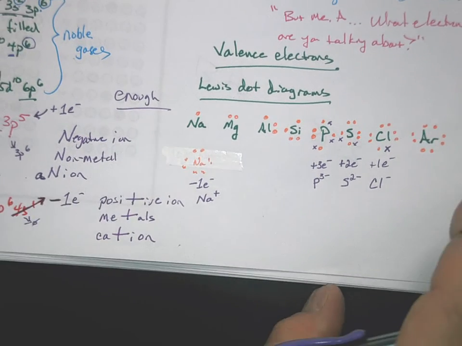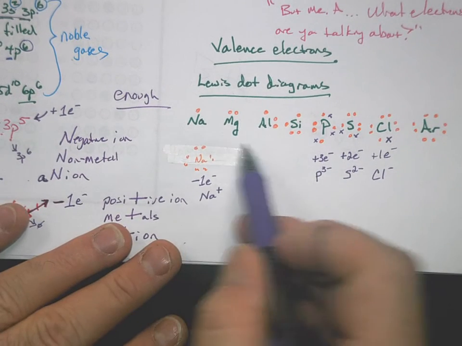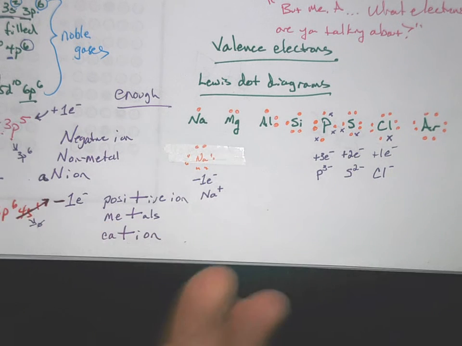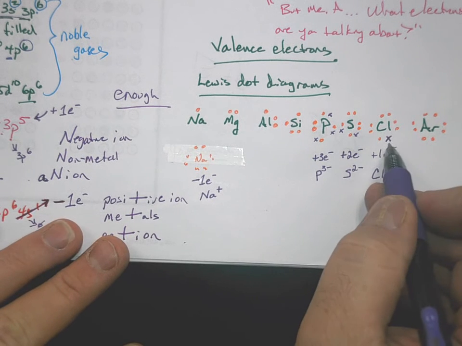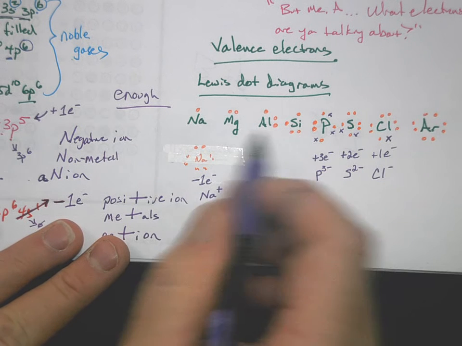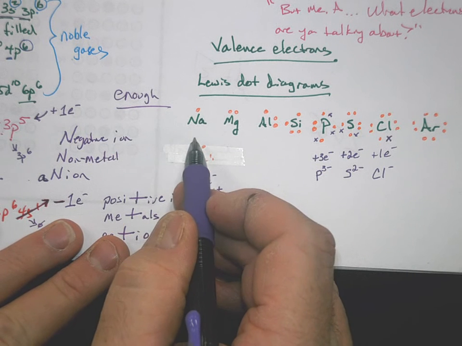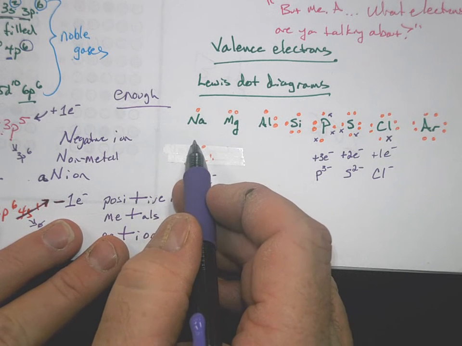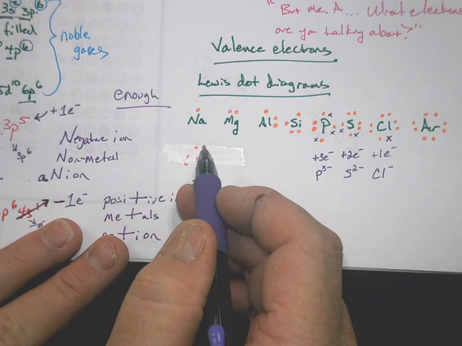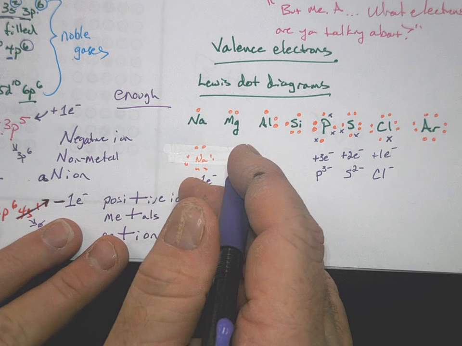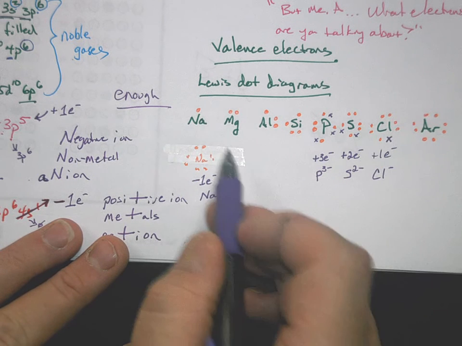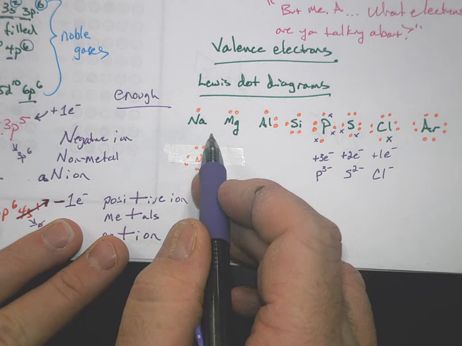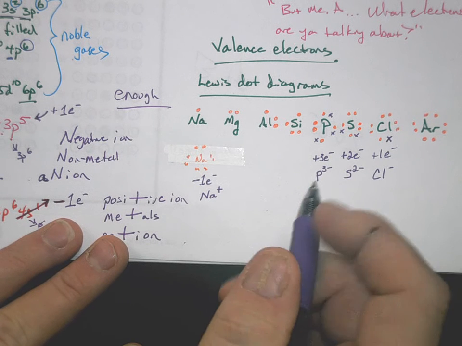So there are 2 things that happen here. Chlorine wants to gain an electron, right? These guys over here don't mind losing electrons. So when these guys over here form compounds with these guys over here, there is a transfer of electrons.